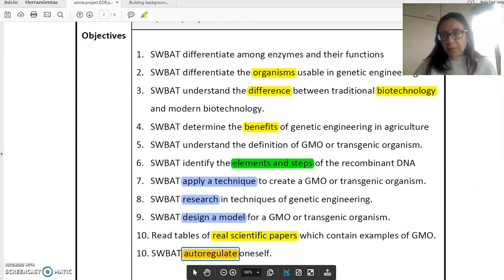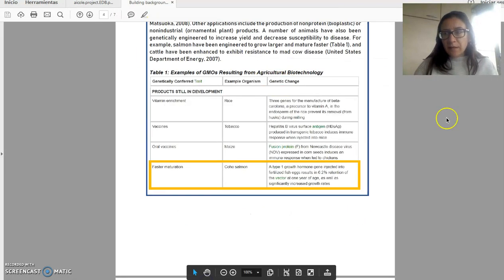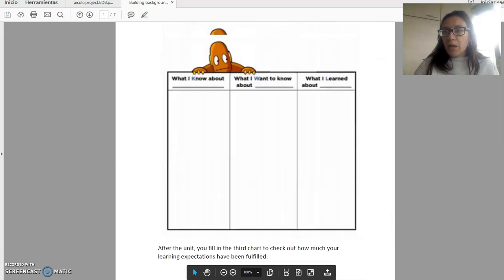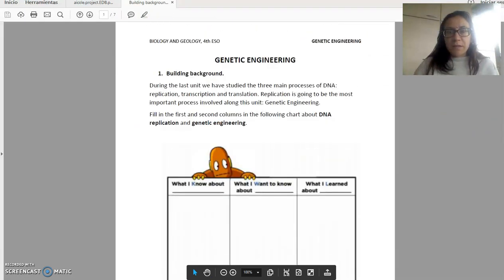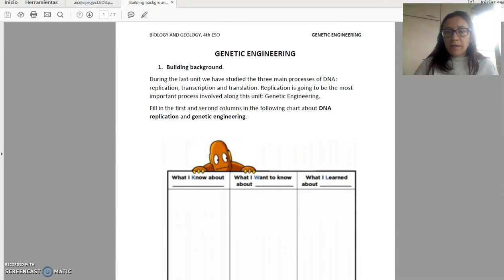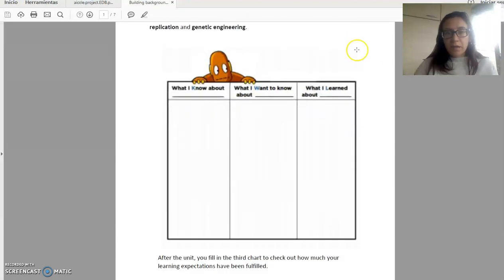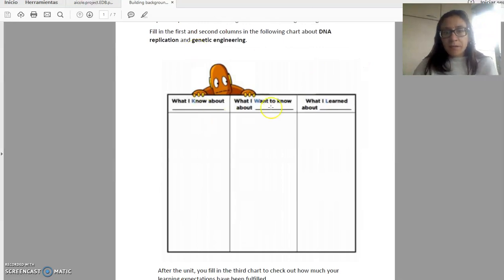And finally, they will have to auto-regulate themselves. This comes from the first activity, which I have suggested a KWL chart, where they are going to identify first what they know about DNA replication and genetic engineering, then what they want to know about it.